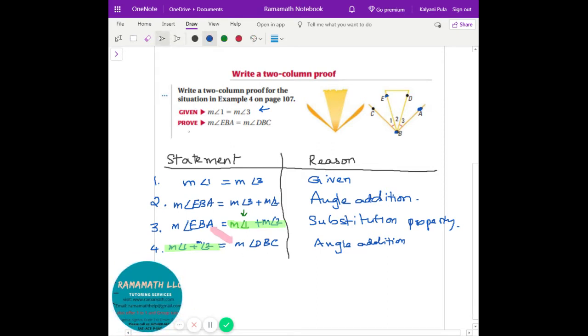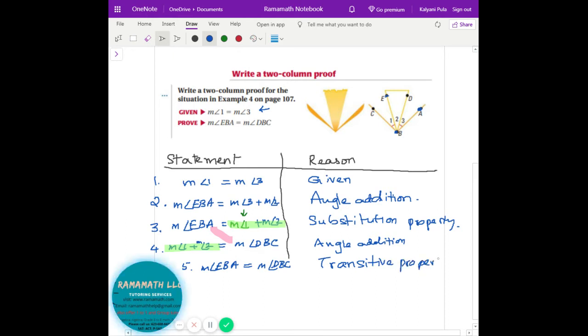Okay, so I can write it down here in the last step, number 5, measure of angle EBA is the same as measure of angle DBC. So this is called the transitive property. Okay.